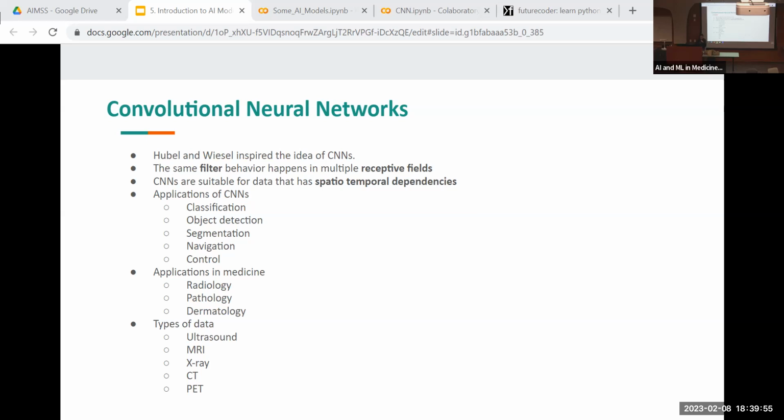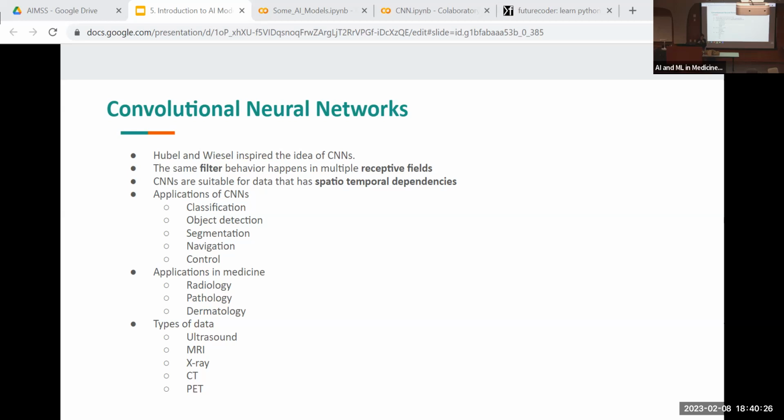Another reason that this experiment is important is that the same filtering behavior happens in multiple receptive fields in the brain. When the cat was faced with the visual stimuli, if the line was vertical or if the line was horizontal, there were different receptive fields that reacted to that.